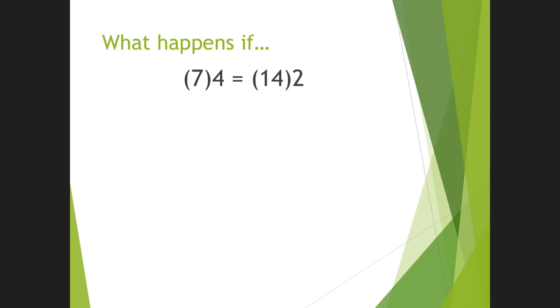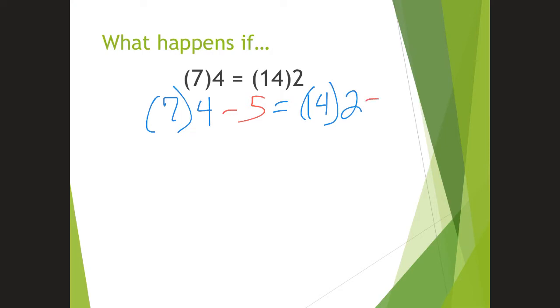So let's talk about what happens if instead of adding, I decide to subtract. So in this case, I could take 7 times 4, and I'm going to subtract 5. And the same thing on the other side, 14 times 2, and I subtract 5.